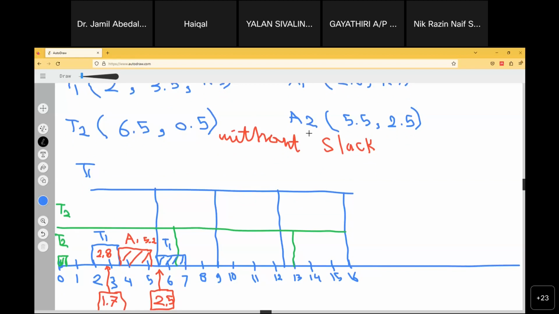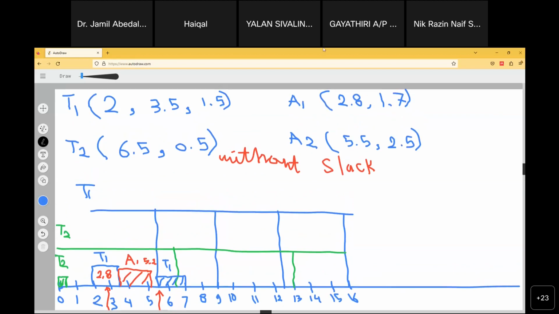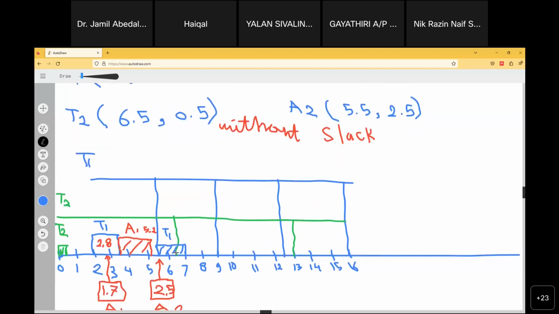A2 is still postponed till we find slack time. When we find slack time, at the hole, we can execute the aperiodic jobs. Since the priority is given to the periodic, we execute only periodic first. Then we execute the aperiodic when we have a hole.